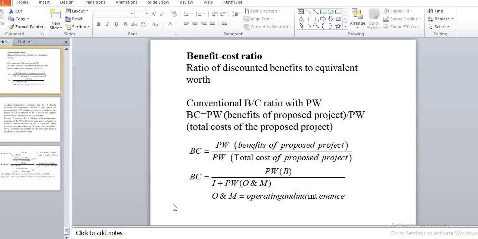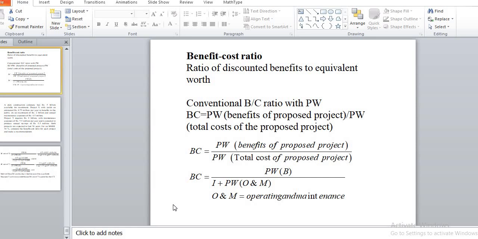Now as soon as we consider the tax and the interest rate, that should be considered for this particular profit and cost. When you consider this interest rate, you should use any method: present worth, future worth or annual worth.